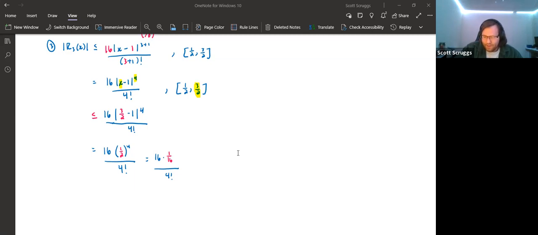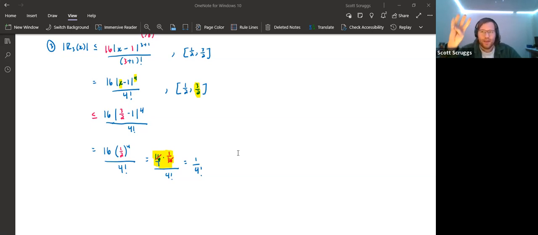Now, over here, I have 16 multiplied by 1 over 16. So I'm multiplying reciprocals with each other, so the 16s are going to cancel each other out, leaving me with 1 in the numerator. So now I'm left with 1 over 4 factorial.